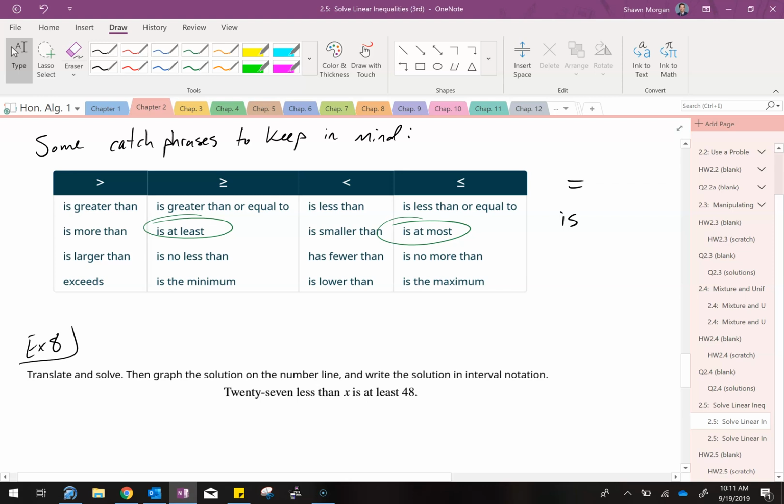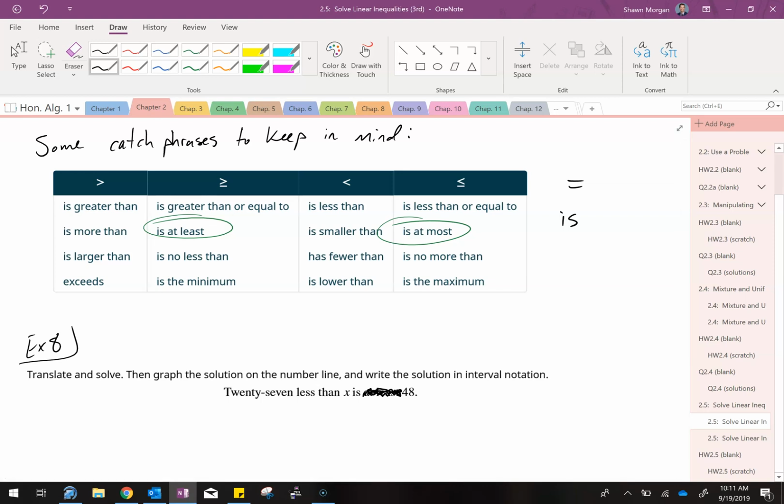Example 8 says translate and solve, graph the solution on a number line, use interval notation, still the same directions we've been following. It says 27 less than x is at least 48. For right now, I'm going to blank out the words at least. How would this translate into an equation?